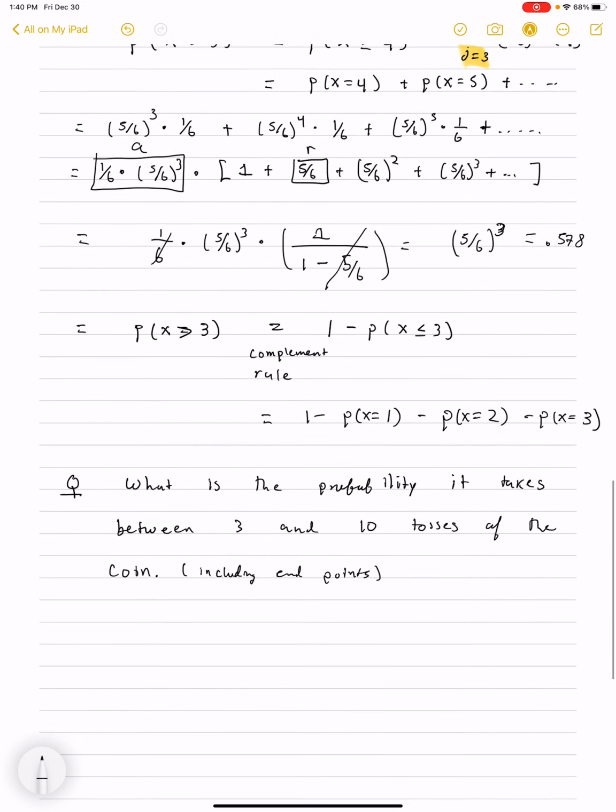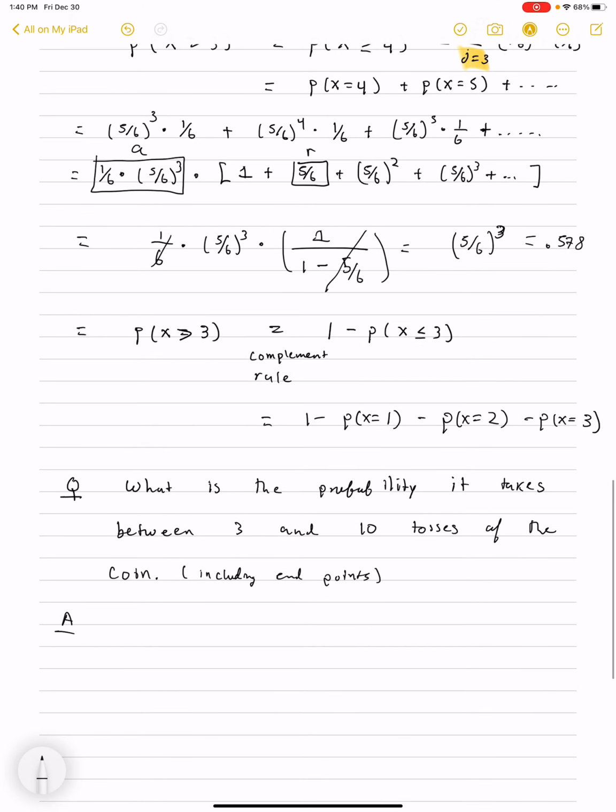Okay, so the probability that you're being asked to compute is the probability x is bigger than or equal to 3, and less than or equal to 10.